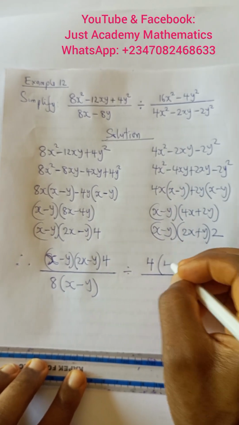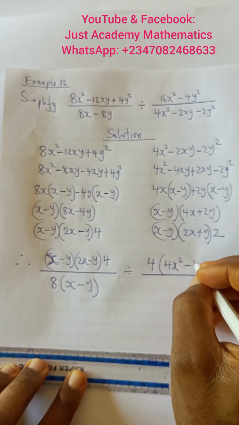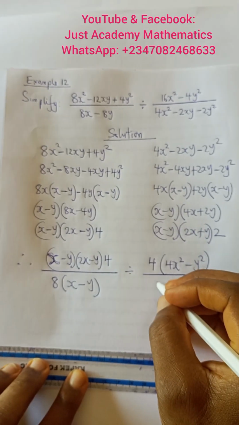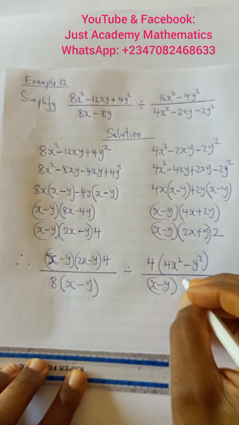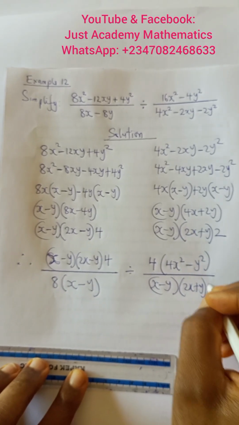What will remain? It will remain 4x squared minus y squared. Then here is x minus y times 2x plus y times 2.